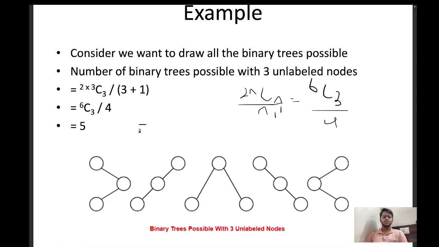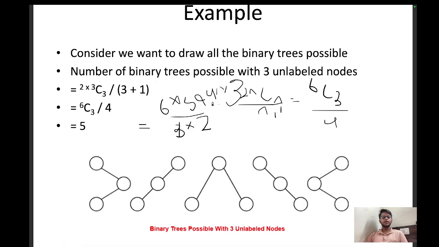So the value of 6C3 would be 6 factorial, or we can say 6 into 5 into 4 factorial, divided by 3 factorial into 3 factorial, by 3 factorial into 2 factorial, which is 6 by 6 minus 4.